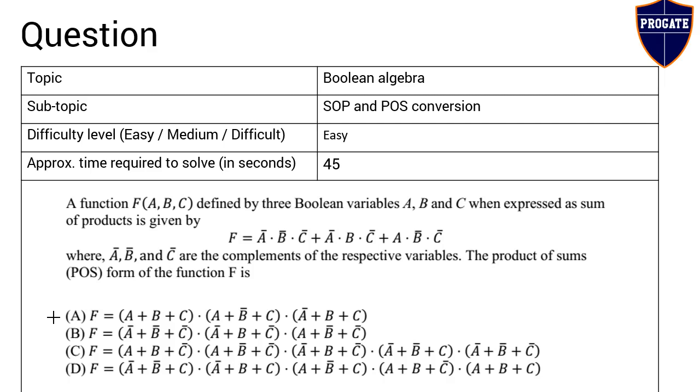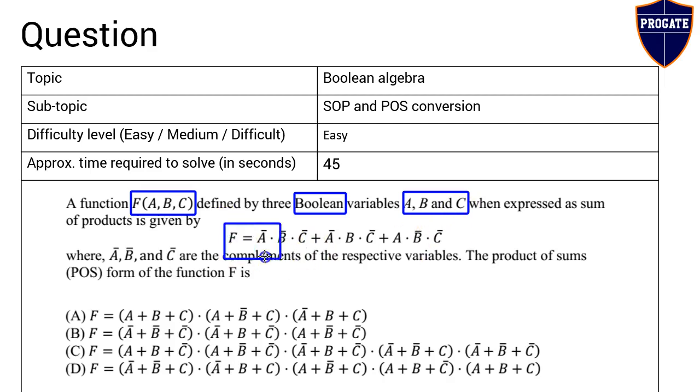A function f of a, b, c is given, which is a function of three Boolean variables a, b, c. Here the term Boolean means that a, b, c can take only two values, either 1 or 0.